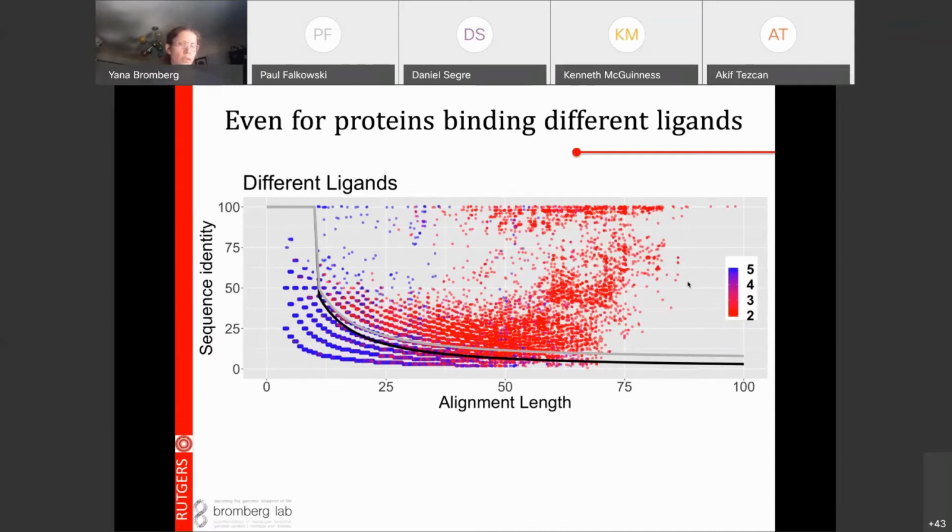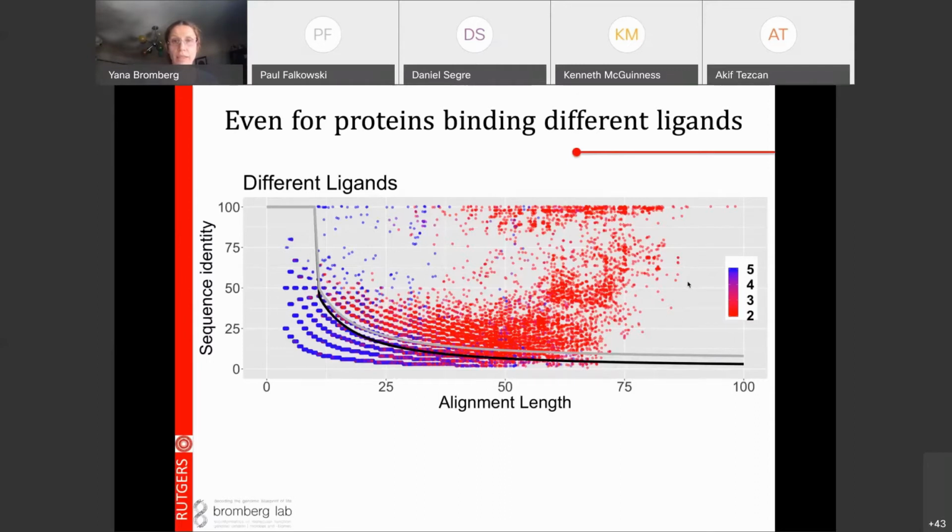So if you started with one type of sphere, and then you had a different environment that would encourage binding of other ligands, then potentially the sphere could be reused with very slight modifications for that particular environment. And again, even with different ligands, what you're seeing is that the red is above the black line and the blue is below the black line. So this worked out fairly well across these comparisons.